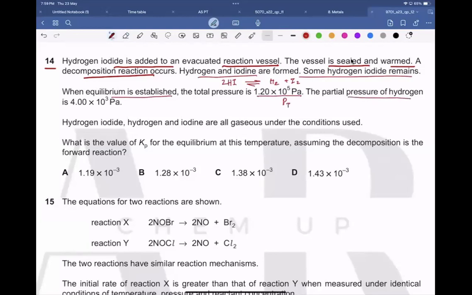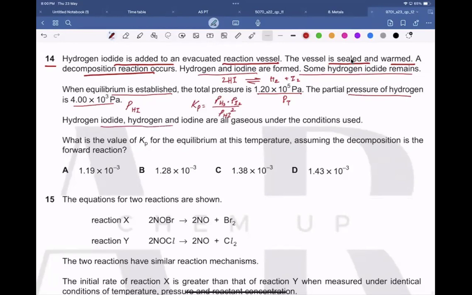The partial pressure of hydrogen iodide is given. If you write the Kp expression, the Kp expression is going to be the partial pressure of hydrogen times the partial pressure of iodine over the partial pressure of hydrogen iodide squared. Right?